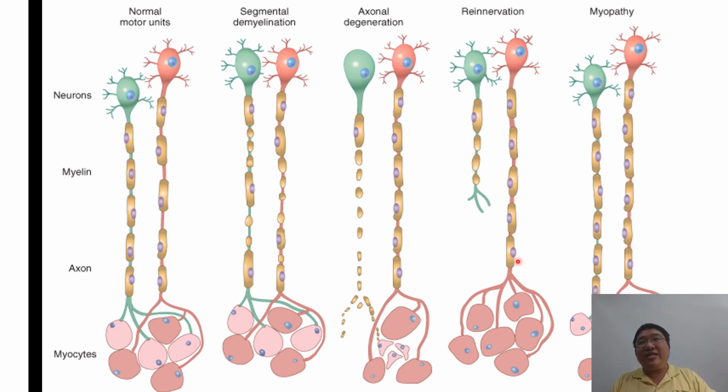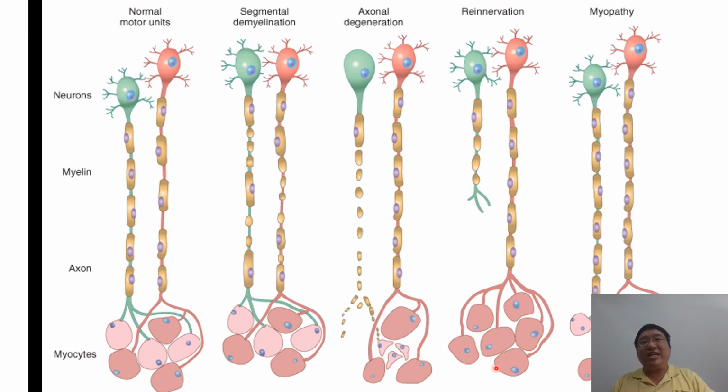So when there is reinnervation by the adjacent motor unit, the previously atrophic muscle fiber will be supplied by the adjacent motor unit instead. So the muscle fiber type is changed according to the new motor unit they belong to.